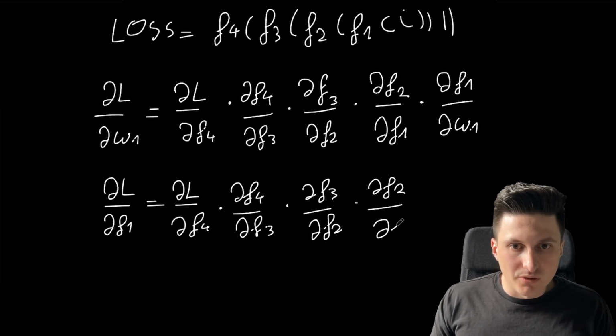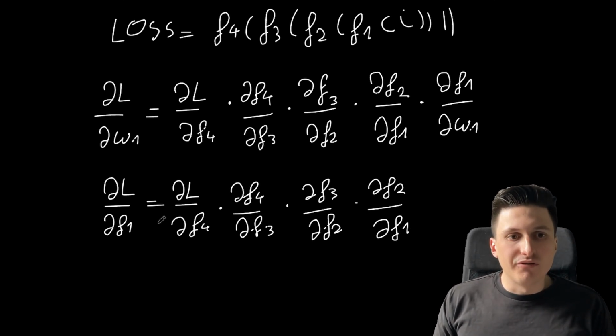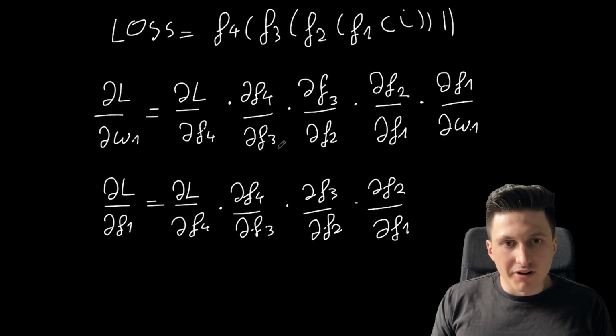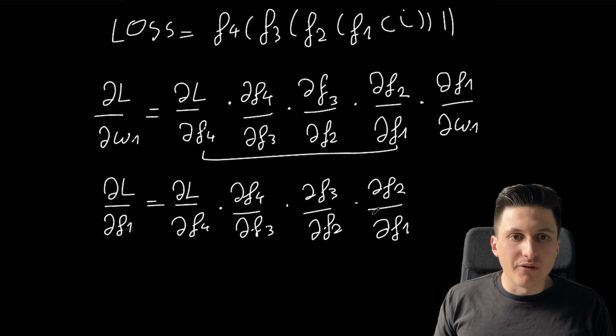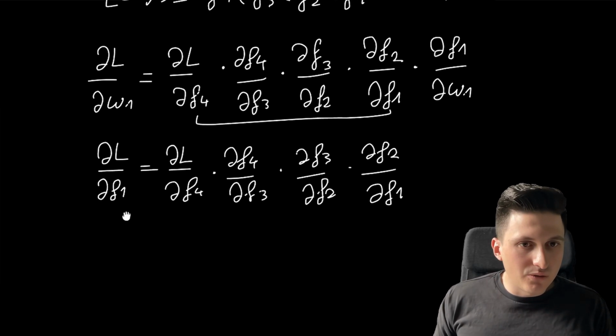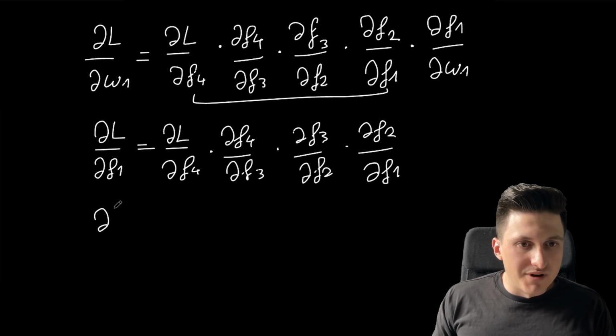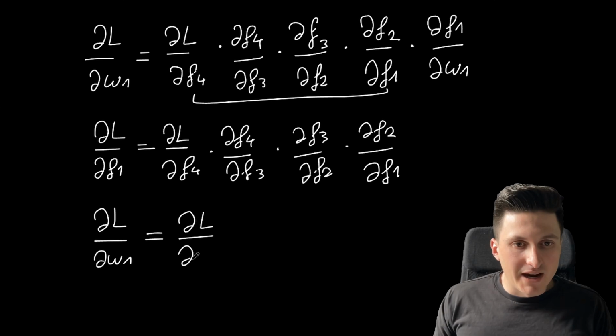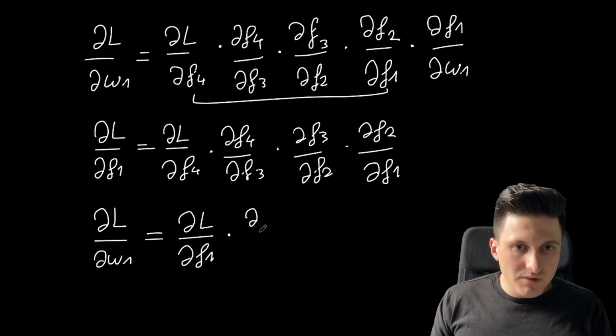So this is basically the derivative of the loss with respect to f1, and you can see this is exactly the same as the first part of this equation. So what we can effectively also say is that the derivative of the loss with respect to w1 is just equal to the derivative of the loss with respect to f1 times the derivative of f1 with respect to w1.